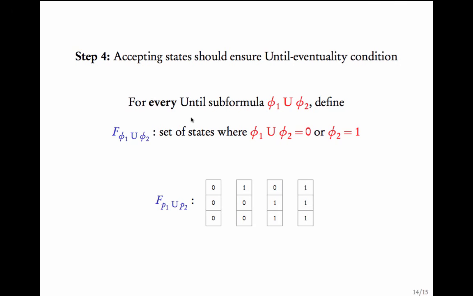So for every until subformula, you define F(phi1 until phi2) to be the set of states where phi1 until phi2 is 0 or phi2 is 1. This will be the accepting set for phi1 until phi2. Any run that visits one of these states infinitely often will satisfy the until eventuality condition.